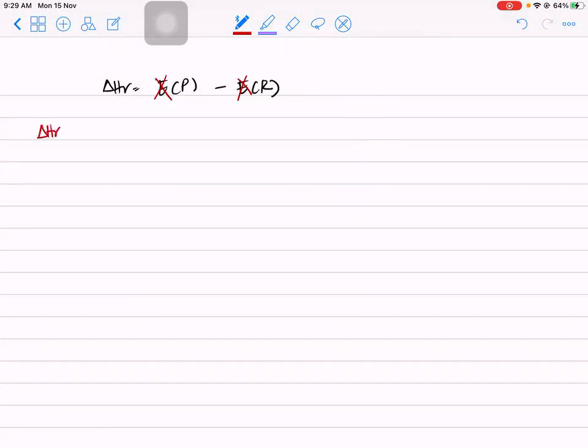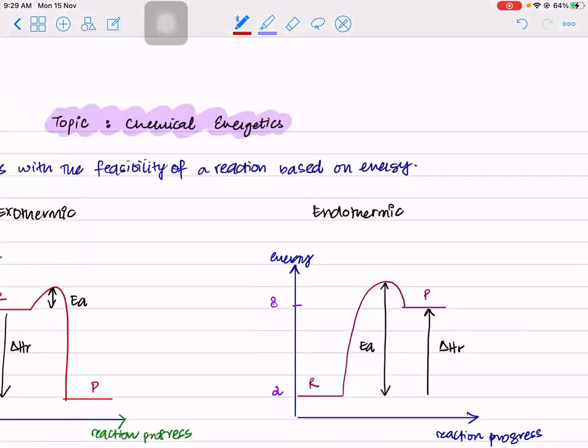We will use delta HR equals enthalpy change of formation of products minus enthalpy change of formation of reactants. So we use this instead. In fact, over here, I have labeled energy on the y-axis, which is not really true. It would be enthalpy change of formation on the y-axis and reaction progress on the x-axis.